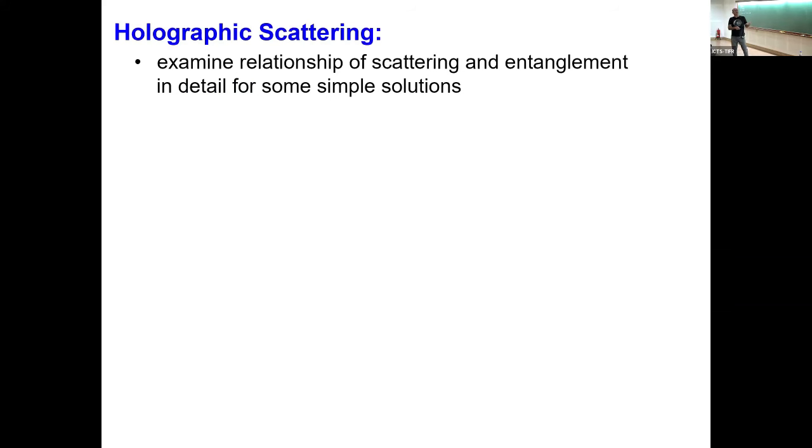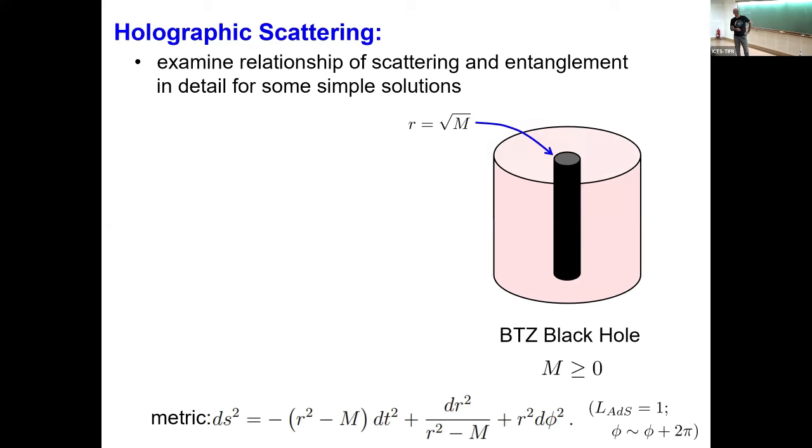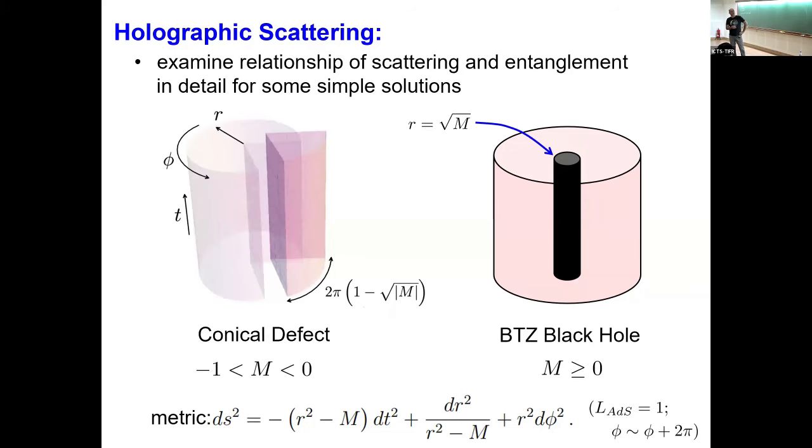So again, we're working with a three-dimensional bulk, and one of the simplest solutions that we know is the BTZ black hole, and so it's a metric given here, and my cartoon conformal diagram looks something like that, where I've got a black hole in the middle, an event horizon. In this particular case, I'm working with the mass parameter m being positive, but there's also another set of geometries described by the same metric, which is the conical defect.